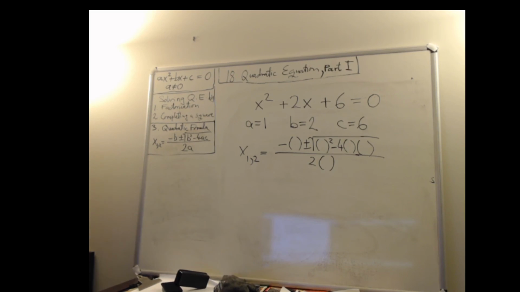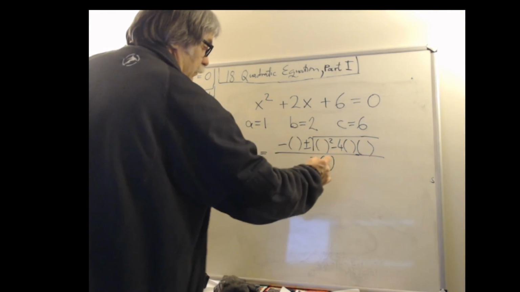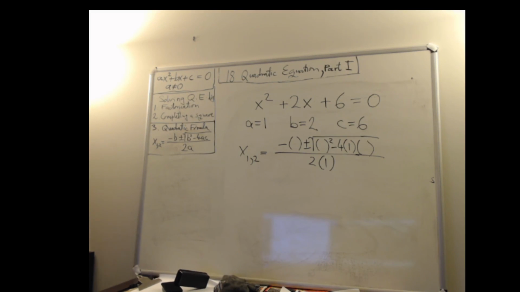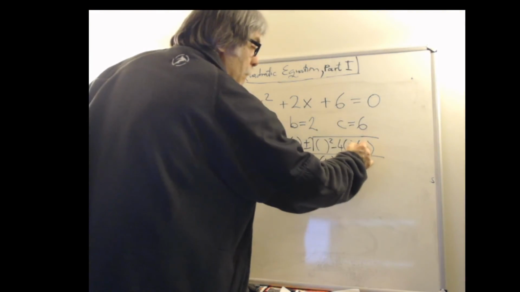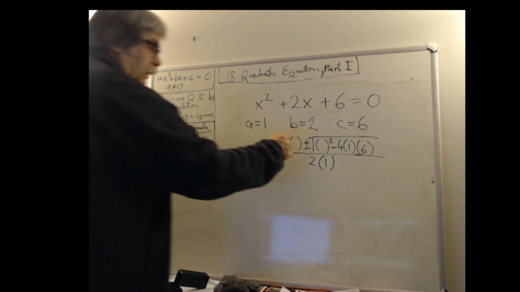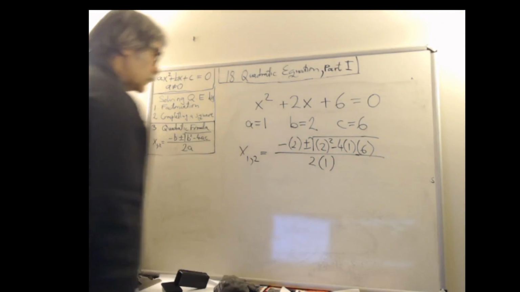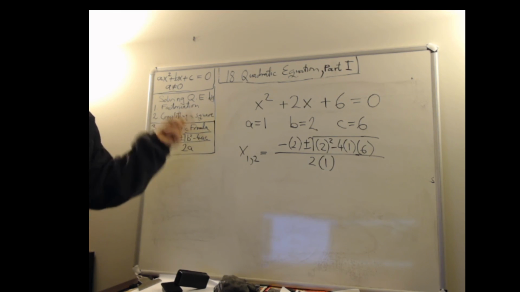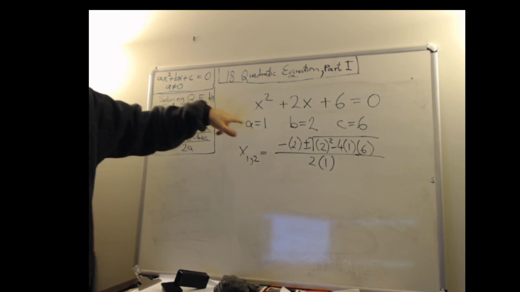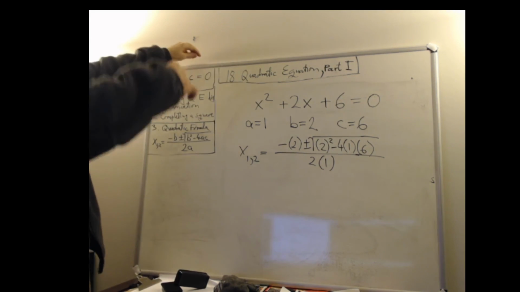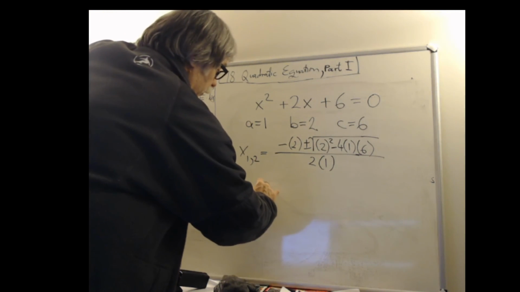A goes in 2 places, here and here, and I have 1. C goes in 1 place, here. And B goes in 2 places, here and here. So I'm just filling up this formula. Replace the variables with containers, place the values of the variables 1, 2, 6 in the containers. And the rest is easy. Or should it look easy?